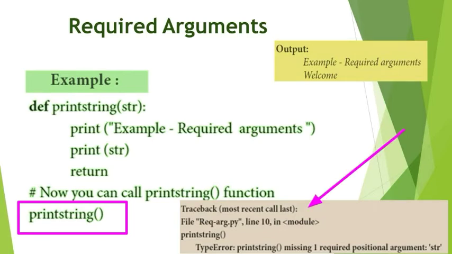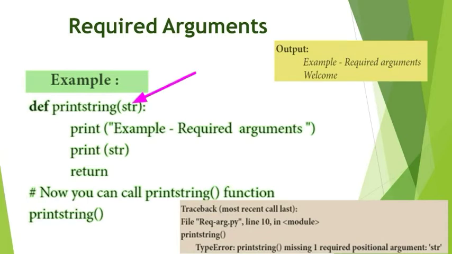Because in the function definition, you created one parameter, that is str. But when you are calling this print string function, you have not passed any arguments within the parenthesis. See here. In the required arguments, you must pass these arguments within the function call. And the number of parameters and number of arguments should be matched.